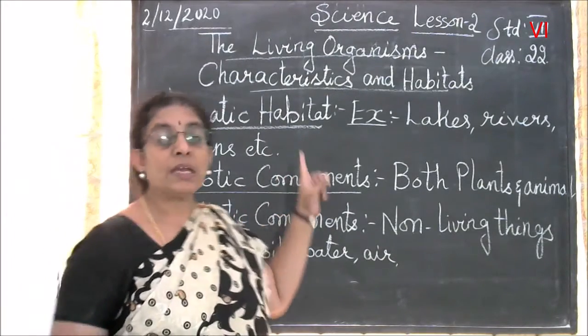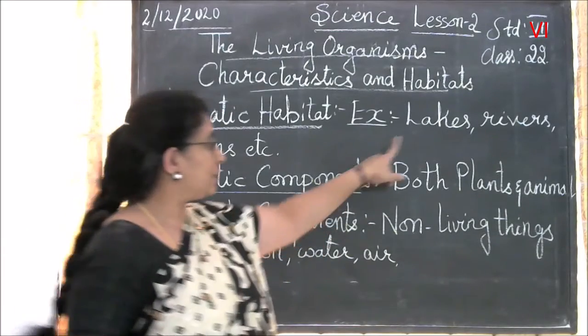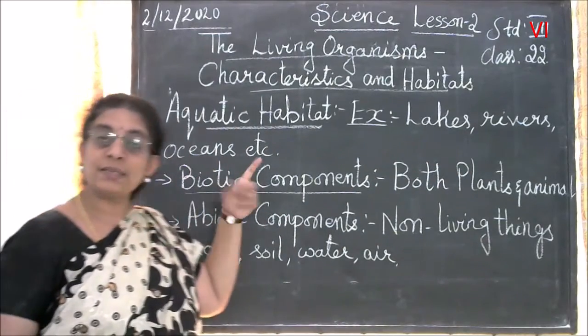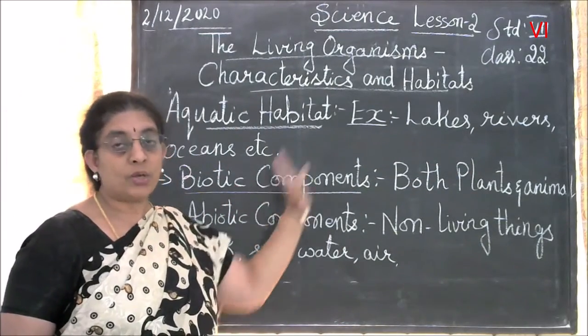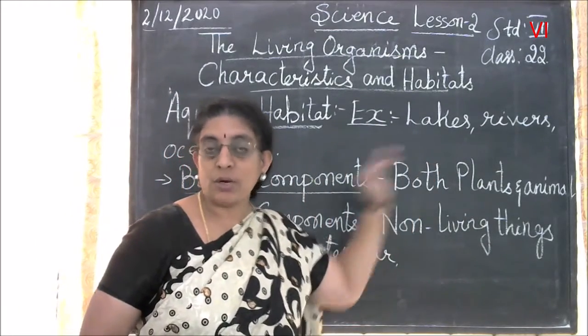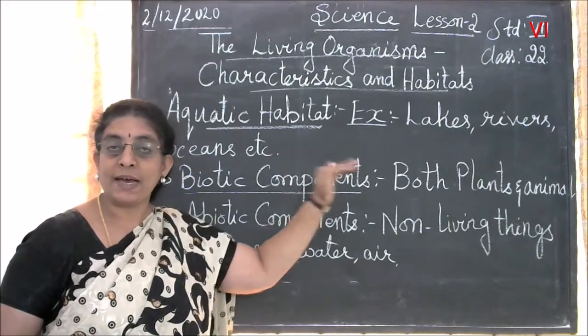In what forms is the water present? It is present in the form of lakes, rivers, oceans, seas, etc. All these are called water bodies. In these only the plants and the animals, that is the aquatic habitats, are present.